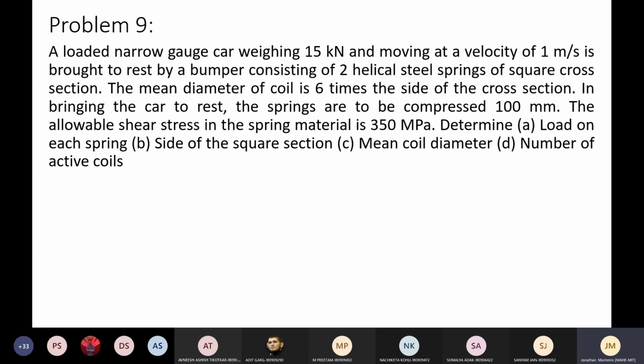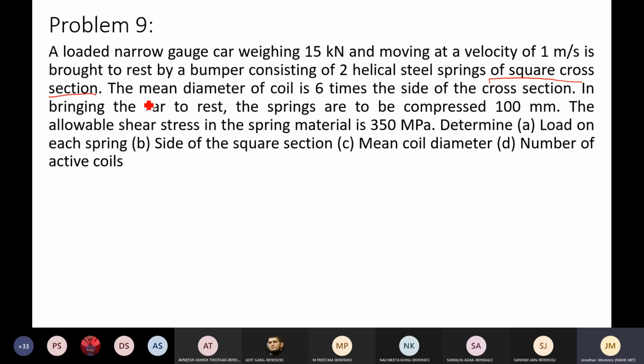So here, what is different? It looks the same. A loaded narrow gauge car weighing 15 kilonewton, moving at a velocity of 1 meter per second, is brought to rest by a bumper consisting of two helical steel springs of square cross section. What is different here is the cross section; square cross section has come.